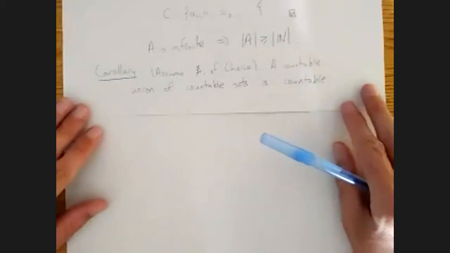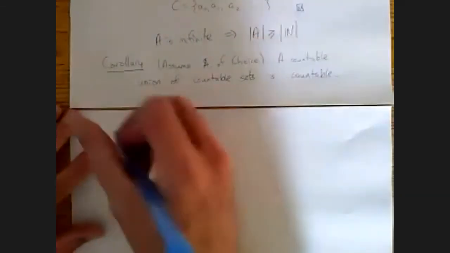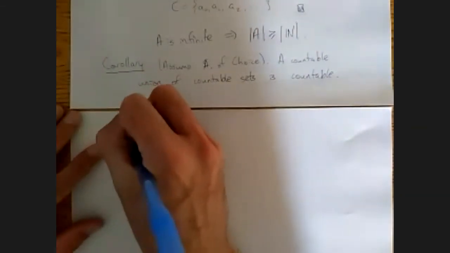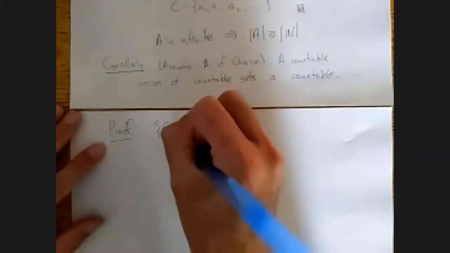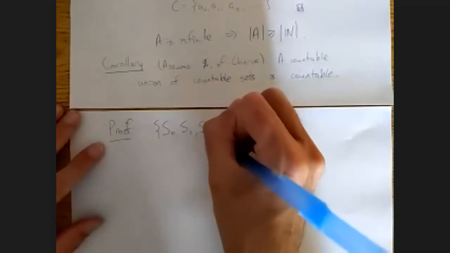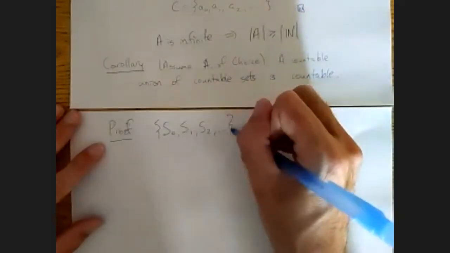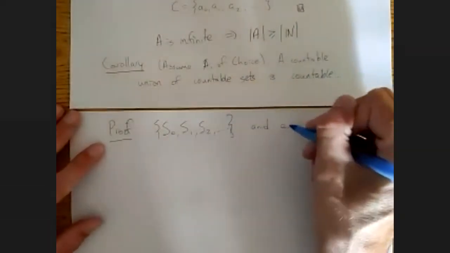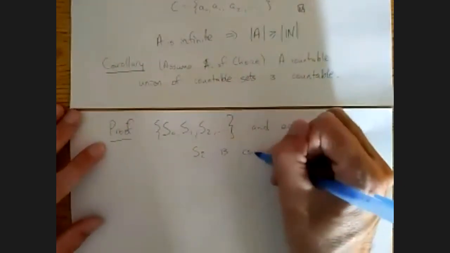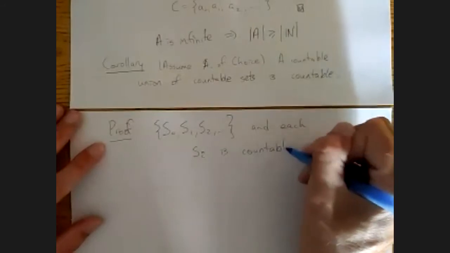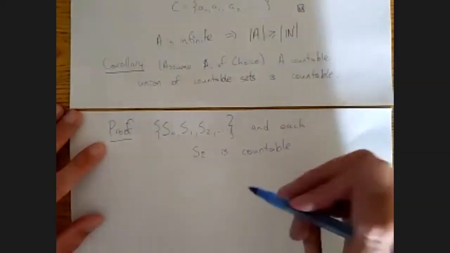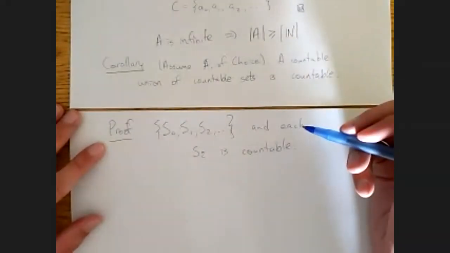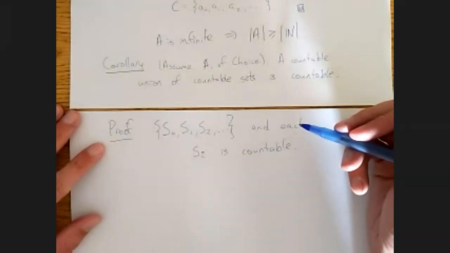We have a countable union of countable sets, so we have a set like S0, S1, S2, and so on, and each S_i is countable. And our goal is to show that the union of all the S_i is also countable.